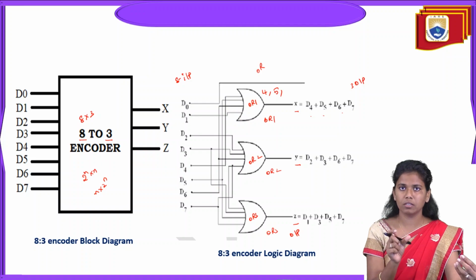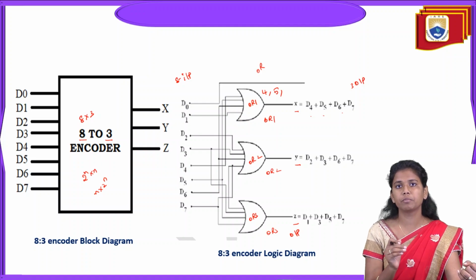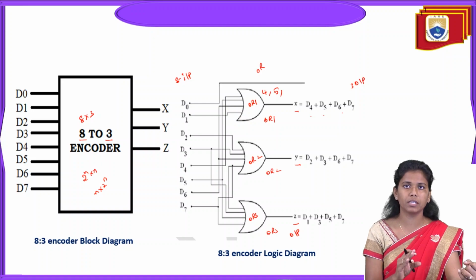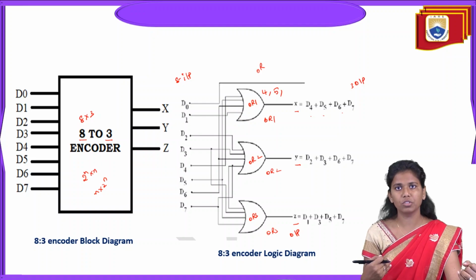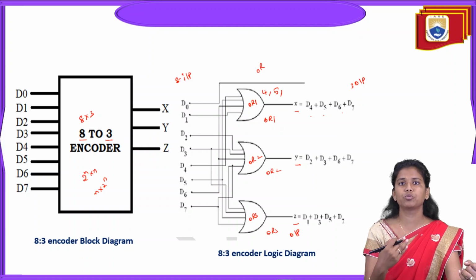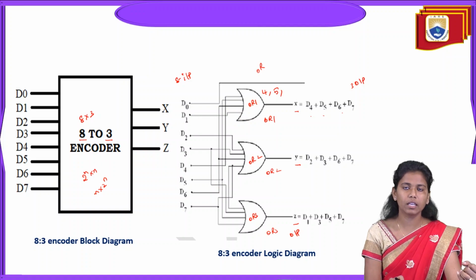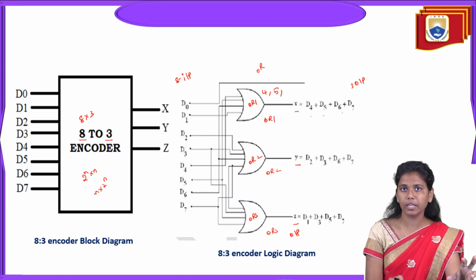Okay, explain the circuit that you are going to discuss well, and then draw the logic diagram or the block diagram. First mention the block diagram with all the inputs and outputs, and then go with the logic diagram. After the logic diagram, you just draw the truth table. Based on the truth table, you will be able to write your Verilog code very easily. Don't forget to mention your inputs and outputs properly.